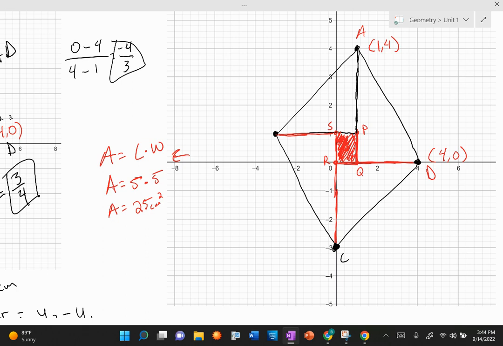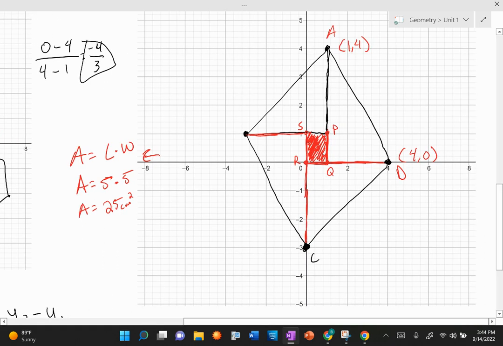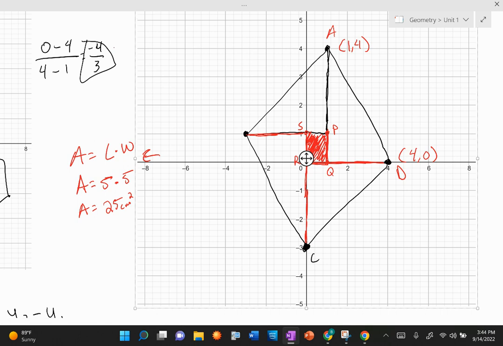3. Yeah, 3. How do we know? Because we're going from 1 on A to 4 on D. So the length of this part right here is 3. I would say one of the most important things about this class is that you label your pictures as you find information.